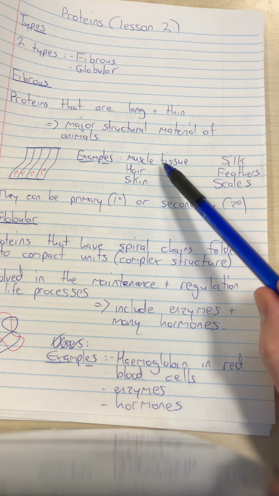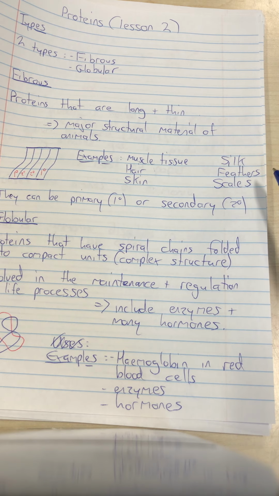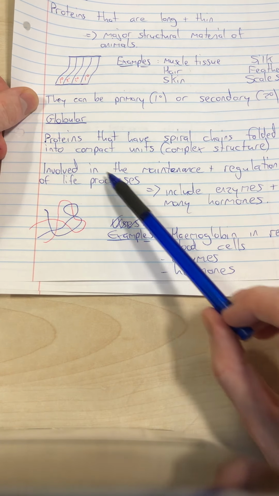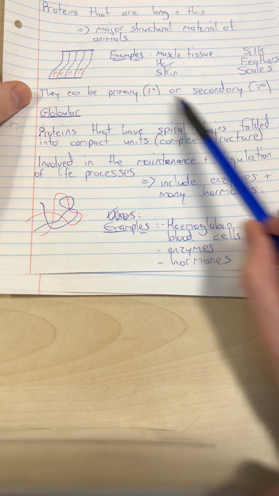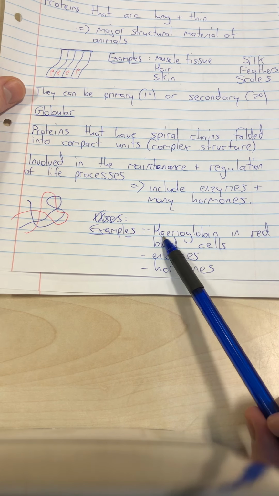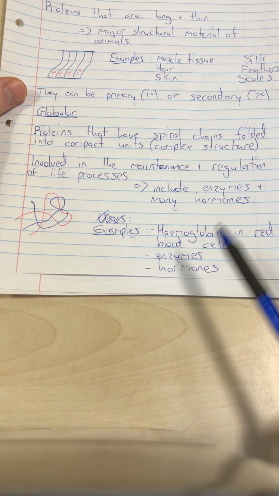Different examples, you've got muscle tissue, hair, skin, silk, feathers and scales. Globular: they're a bit more complex, spiral chains folded into compact units. And the examples, you've got hemoglobin in red blood cells, enzymes and hormones.